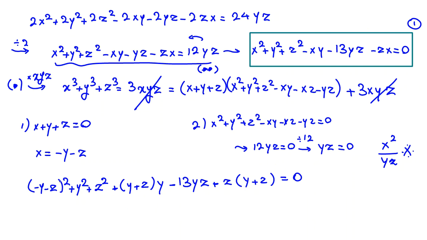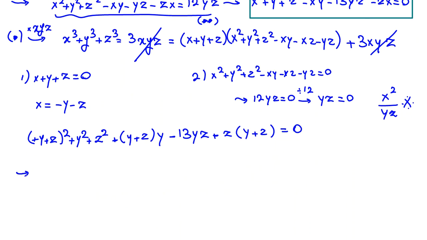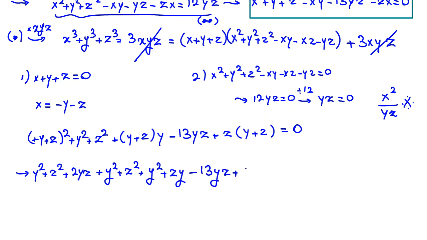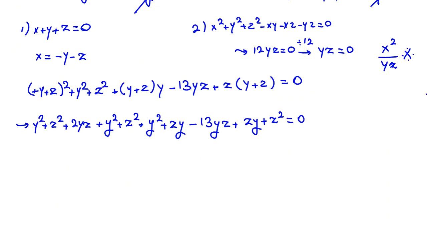Here, negative y minus z raised to the power of 2, we can change the sign inside because when you raise to the power of 2, the result will be the same. Then it is y squared plus z squared plus 2yz, plus y squared plus z squared, plus y squared plus zy minus 13yz plus zy plus z squared equals 0. Let's simplify as much as we can.